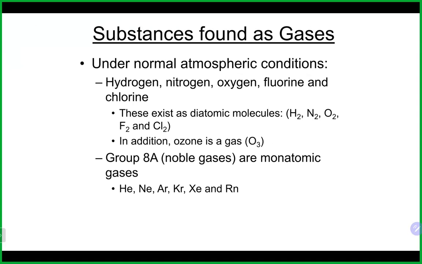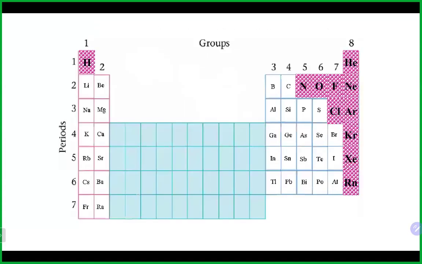And of course, our noble gases here in group 8. These are what are referred to as being monoatomic. They come as ones, basically, so they come as one atom is how they naturally come. So here on the periodic table, everybody that's colored here in this purplish color, how they normally come is pretty much in the gas state.